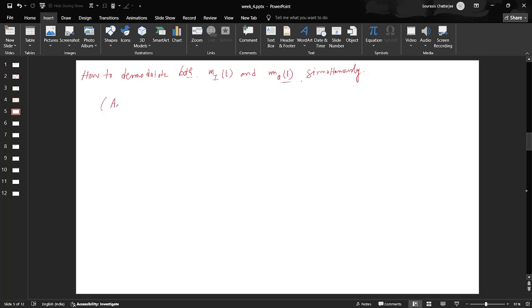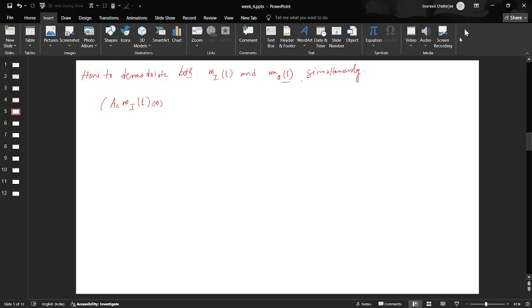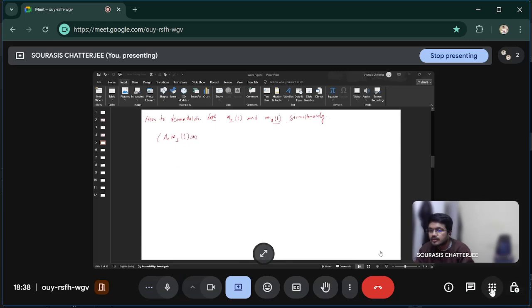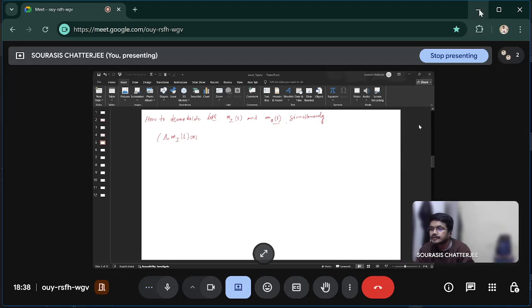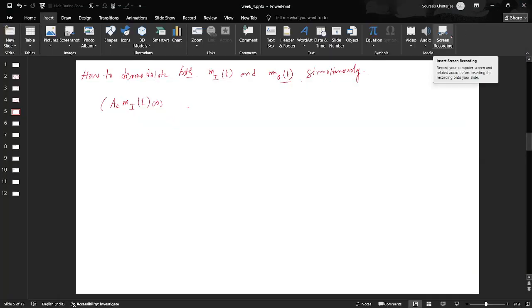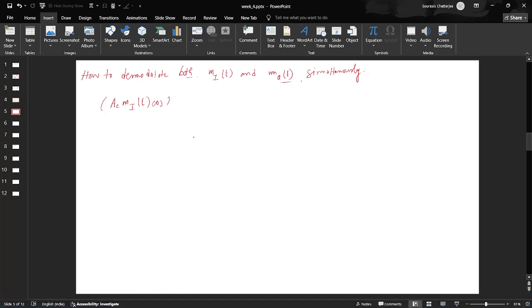Remember what we are transmitting; the standard expression of QCM is AC MI(t) cos 2 pi fct minus AC MQ(t) sin 2 pi fct.